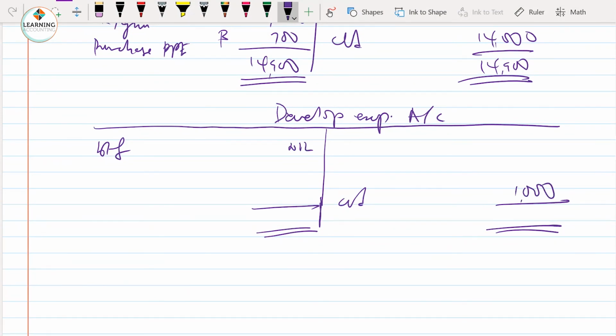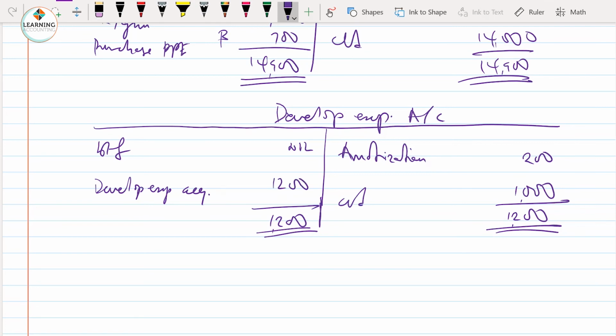There was amortization during the year of 200. This gives us a balance of 1,200 and 1,200. But the difference we have here is, we can say, development expenditure acquired during the year or incurred, which is also 1,200 as the balancing figure.